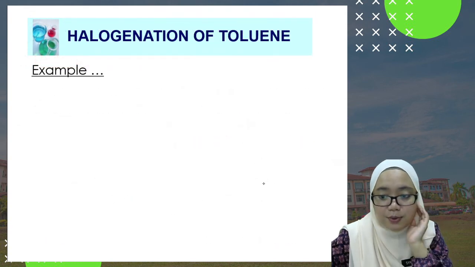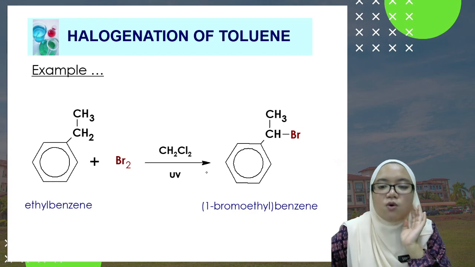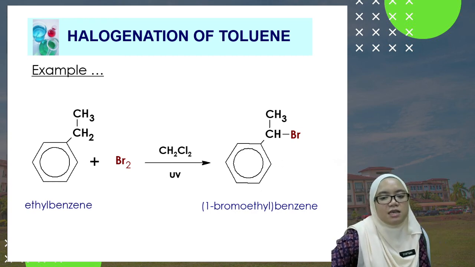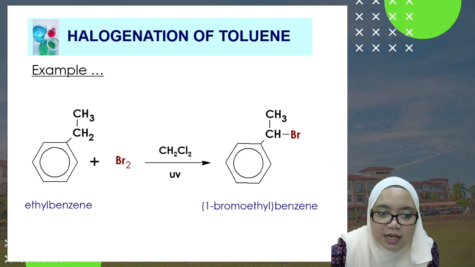Okay, so for example here, we have ethyl benzene CH2CH3 plus Br2 in the inert solvent under UV sunlight. Okay, so carbon yang ini, hydrogen yang ini adalah primary hydrogen, hydrogen yang ini adalah secondary hydrogen. So biasanya kita akan form the most stable free radical dekat secondary hydrogen lah.